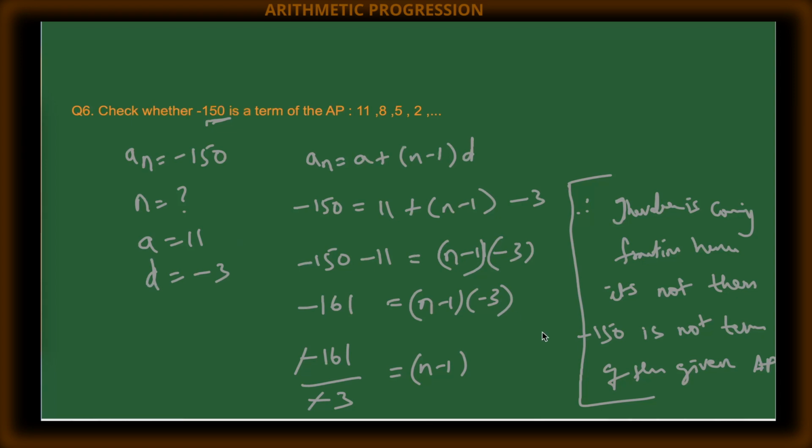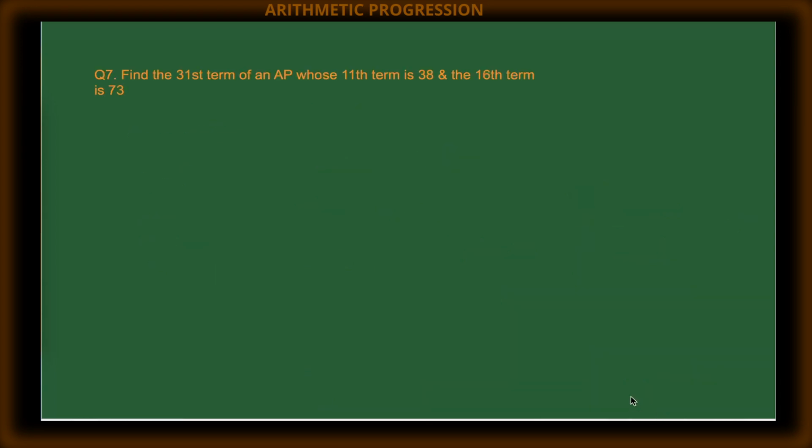Let's move to the next slide. Find the 31st term of an AP whose 11th term is 38 and 16th term is 73. Okay, let's read it once again and analyze.